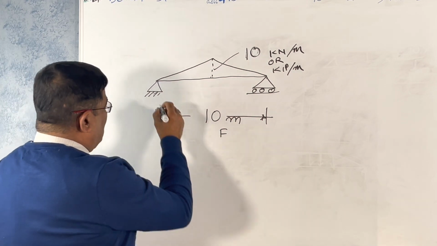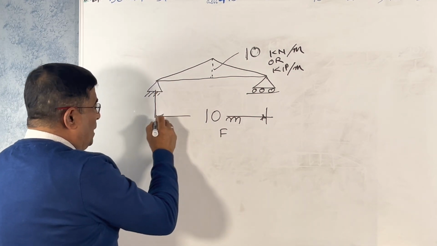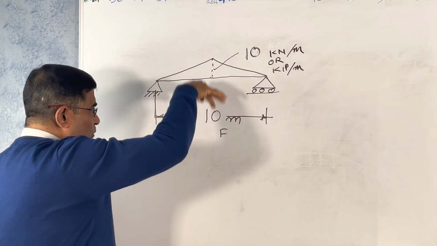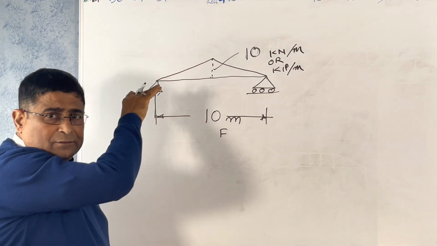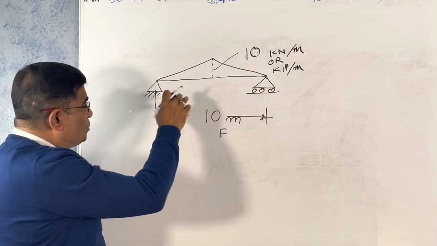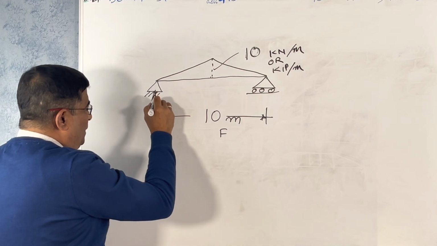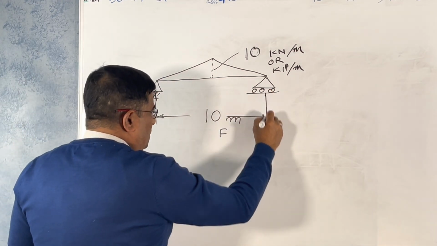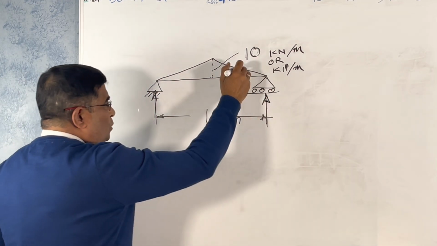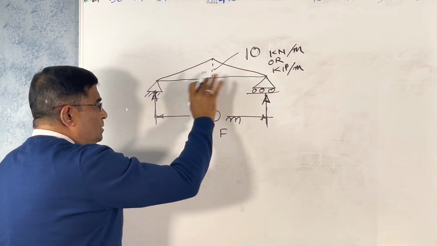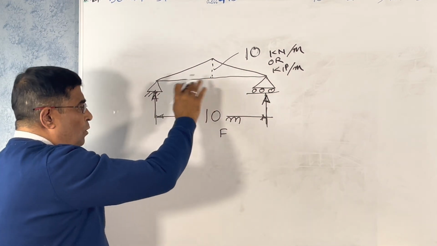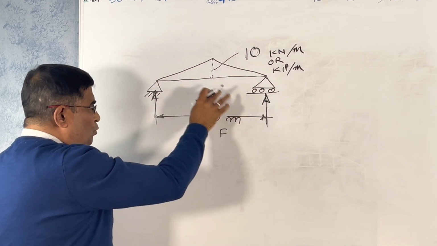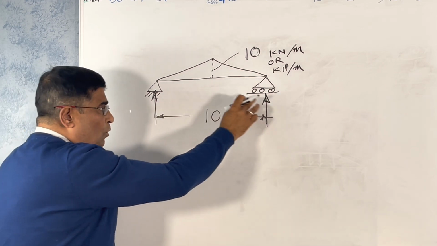Now, what is the reaction here? This is only the vertical force. There is no horizontal reaction. So this vertical reaction will be, what is that? Total load is symmetric, so you divide the total load by 2, half will go here, half will go there.